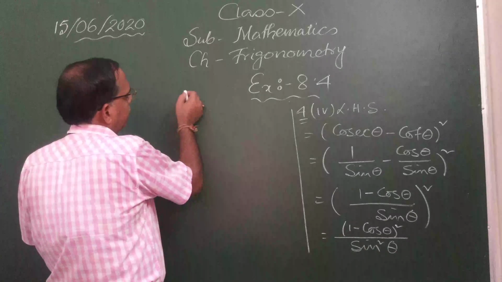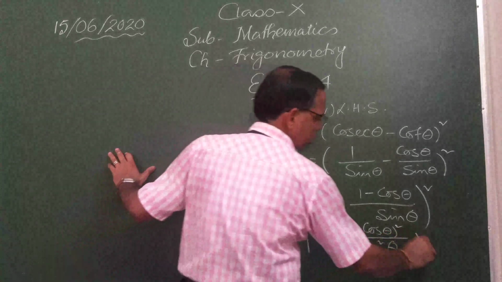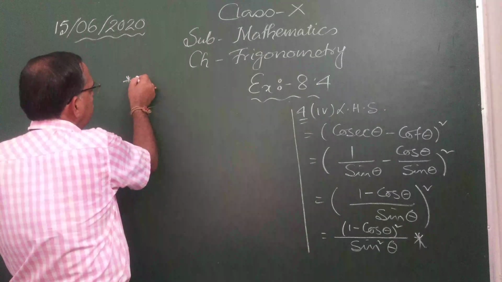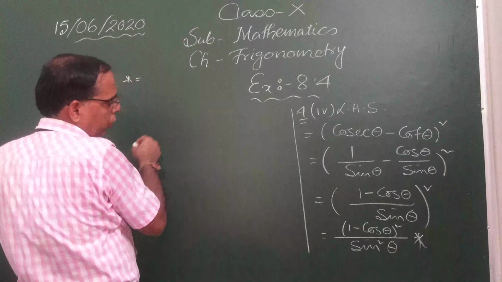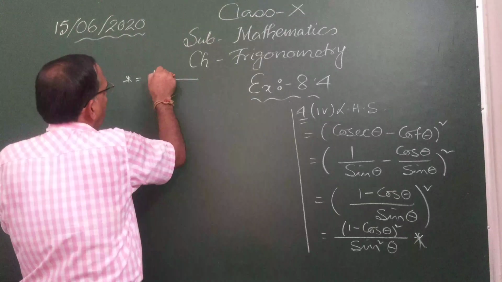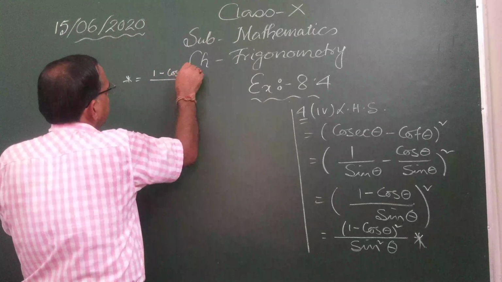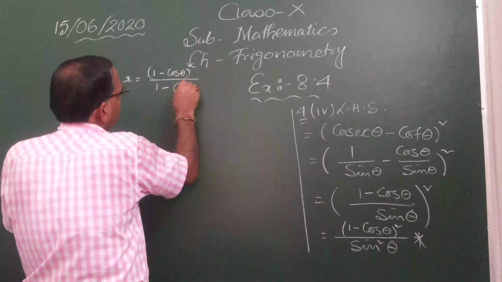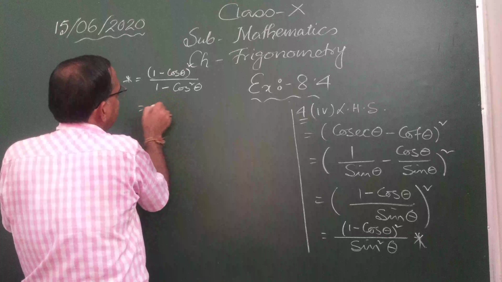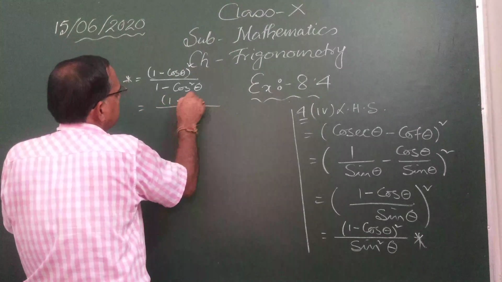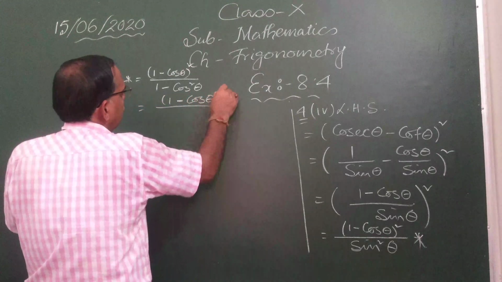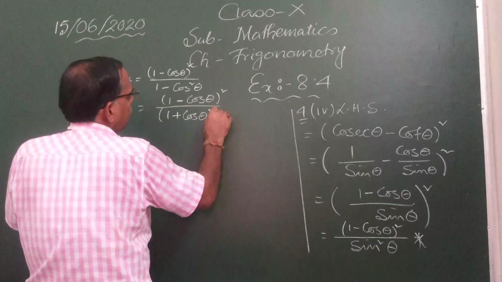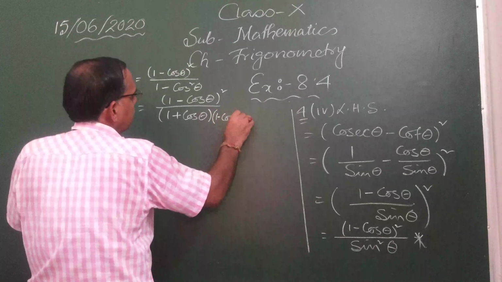Now, sine square theta in terms of cos theta. I will do a little bit up here so that I can do Roman 6, so it will be easy for you to understand. 1 minus cos theta whole square divided by 1 minus cos square theta. So that is 1 minus cos theta whole square over 1 plus cos theta times 1 minus cos theta.